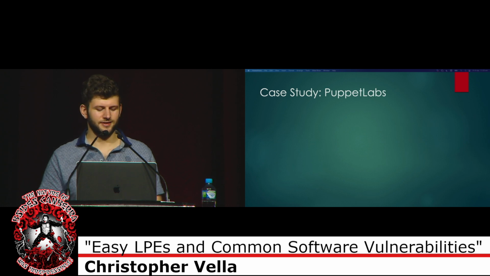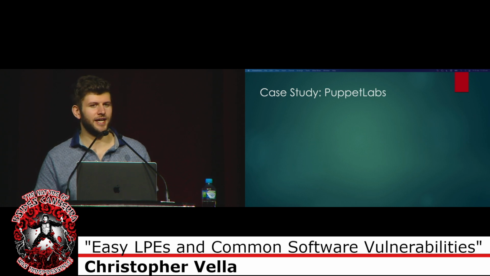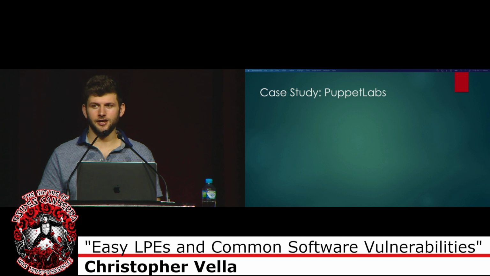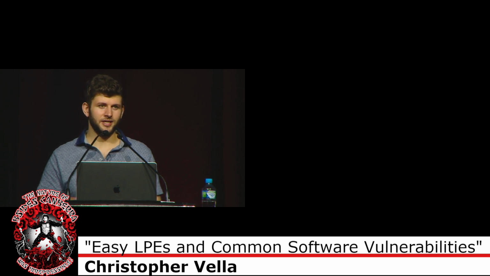This one wasn't originally in my talk, but this one I found in the dev VM that I showed that you can pull down from Microsoft. And this one is another 0-day. This one's actually very common in other software as well.